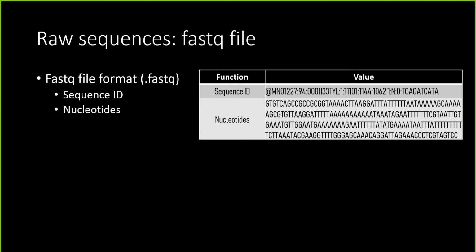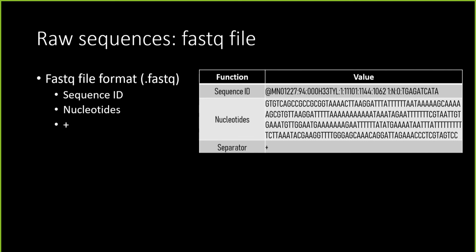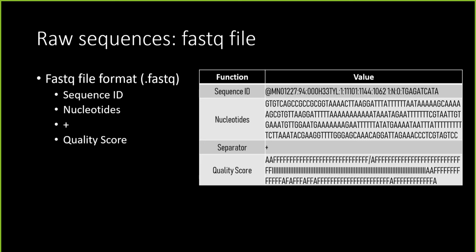This is what identifies the sequence, and it's later what we're going to use to figure out what kind of microbe this might come from. After that, there's a separator, which is just a plus sign. They're not entirely sure why that plus sign exists, but it essentially helps separate the nucleotides from the quality scores, which come below.